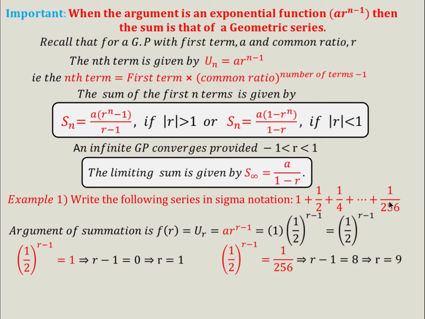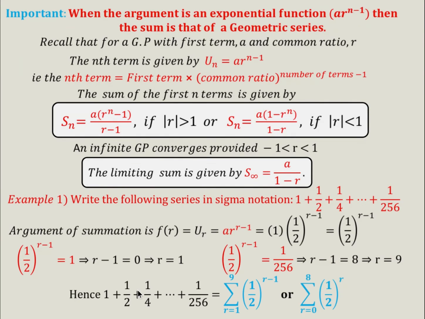The last term being 1 all over 256, we then have that the summand, which is half to the power r minus 1, equals 1 all over 256. 1 all over 256 is the same as half to the power 8. So that equating the powers, we get r minus 1 equals 8. So that r equals 9, which is the upper limit of our summation.